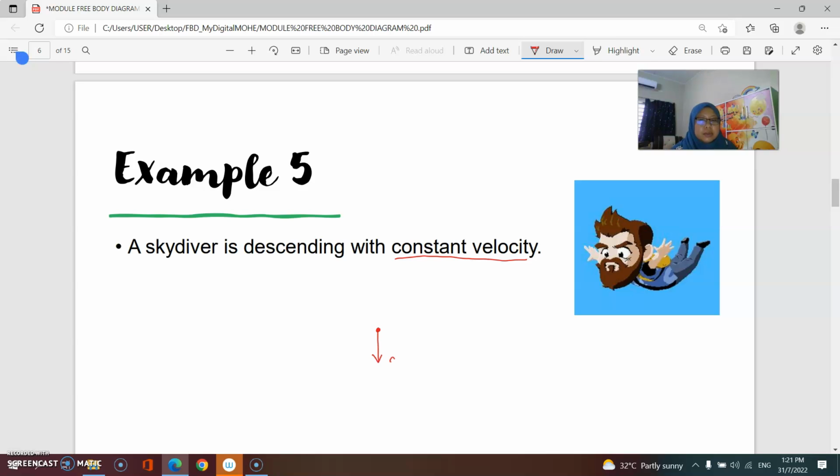The skydiver must have a gravitational force. And also it is a constant velocity. In this case, we don't have any frictional force, but we have air resistance. So the net force here would be 0.